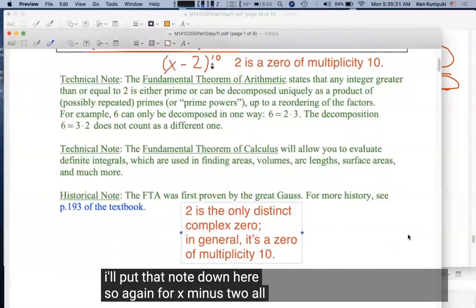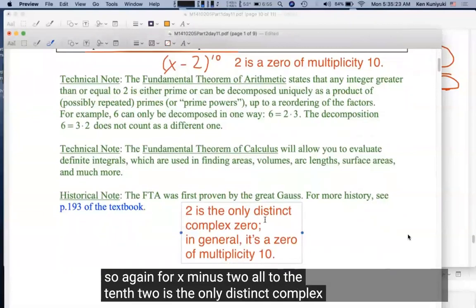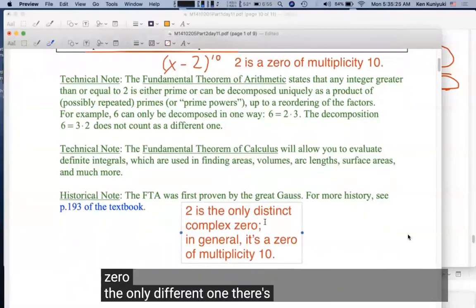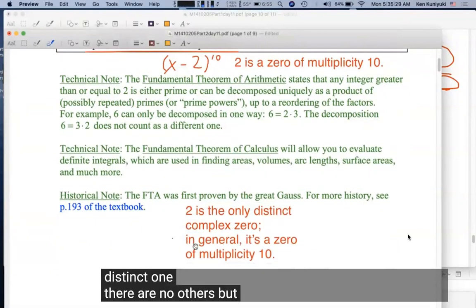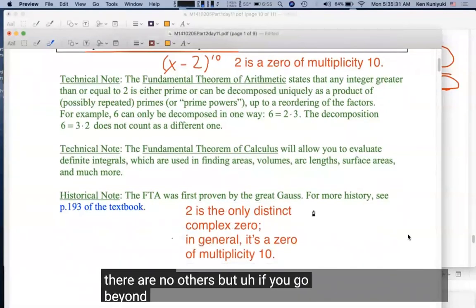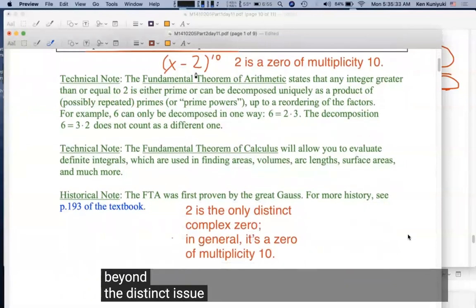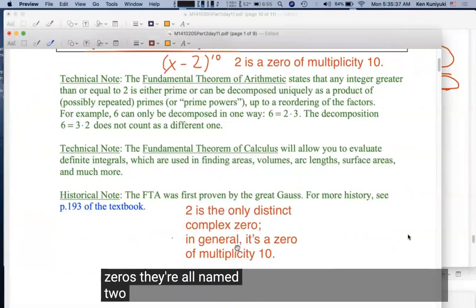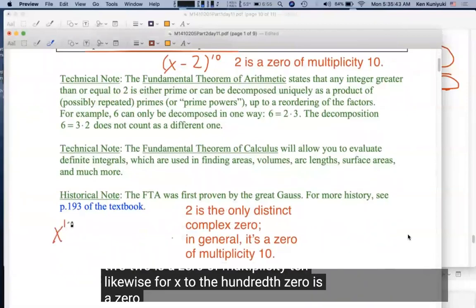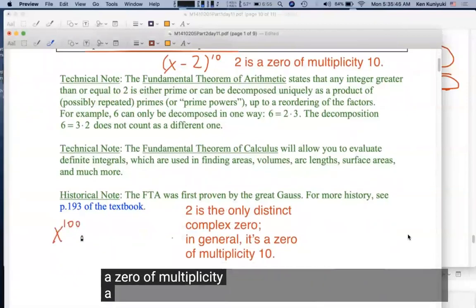So again, for x minus 2 all to the 10th, 2 is the only distinct complex zero, the only different one. There's only one distinct one. There are no others. But if you go beyond the distinct issue, there are 10 complex zeros. They're all named 2. 2 is a zero of multiplicity 10. Likewise, for x to the 100th, 0 is a zero of multiplicity 100.